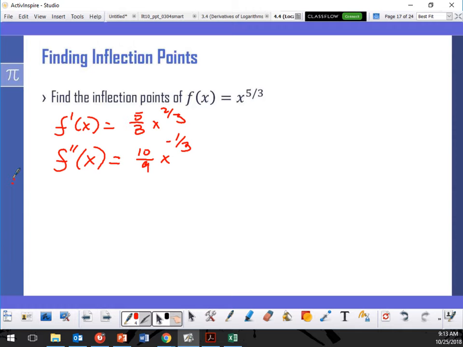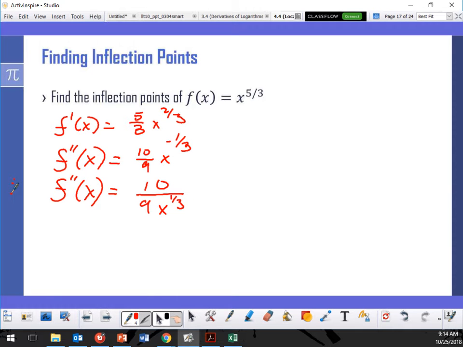Now, see that negative exponent? Yes, the negative exponent says that goes to where? Bottom. Okay, so now I'm going to rewrite this. So f double prime of x is equal to 10 over 9x to the 1/3. Like that, right?